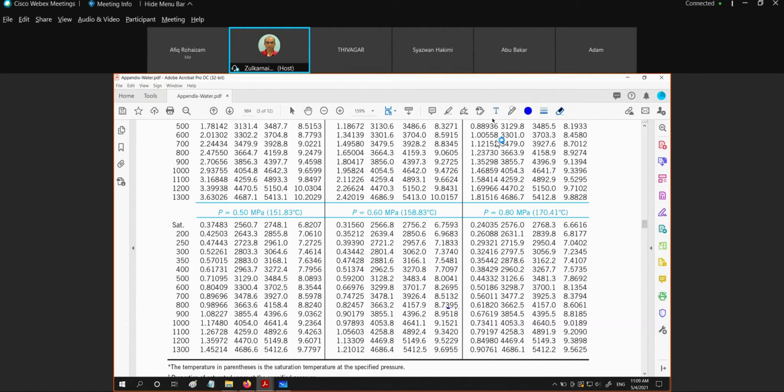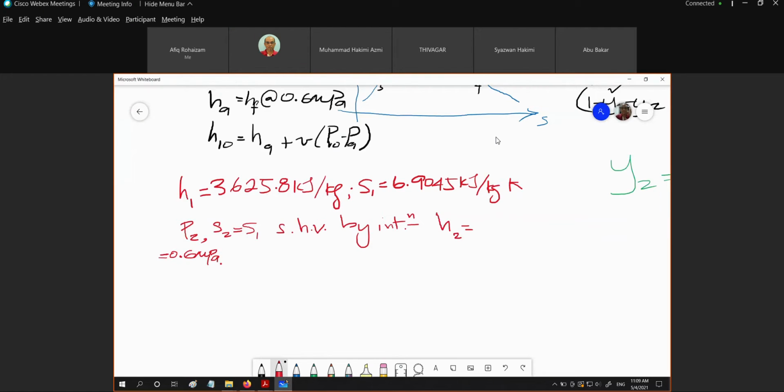It's 6.9045, this set and this set. We need the enthalpy, so the enthalpy is right here. Try to interpolate that. 2821.78, so 2821.8, I take one decimal point.